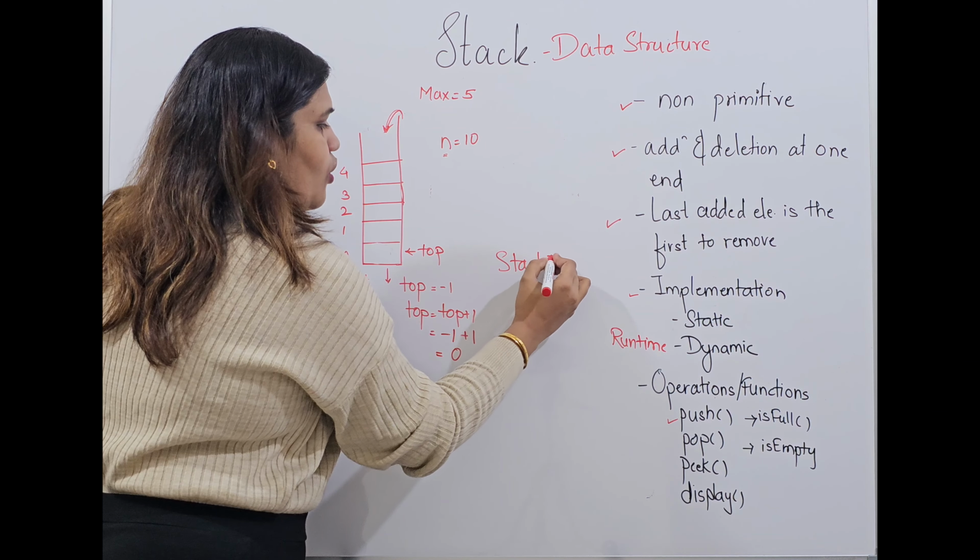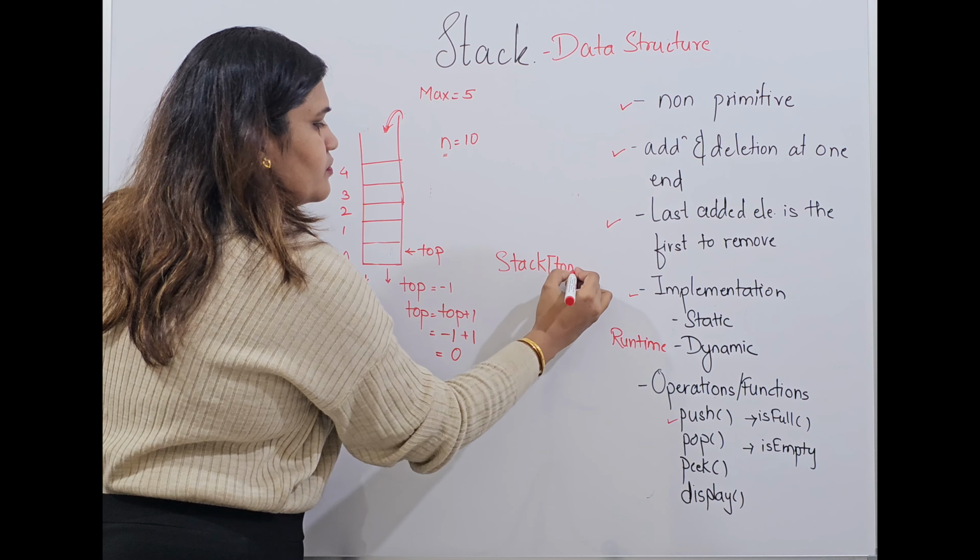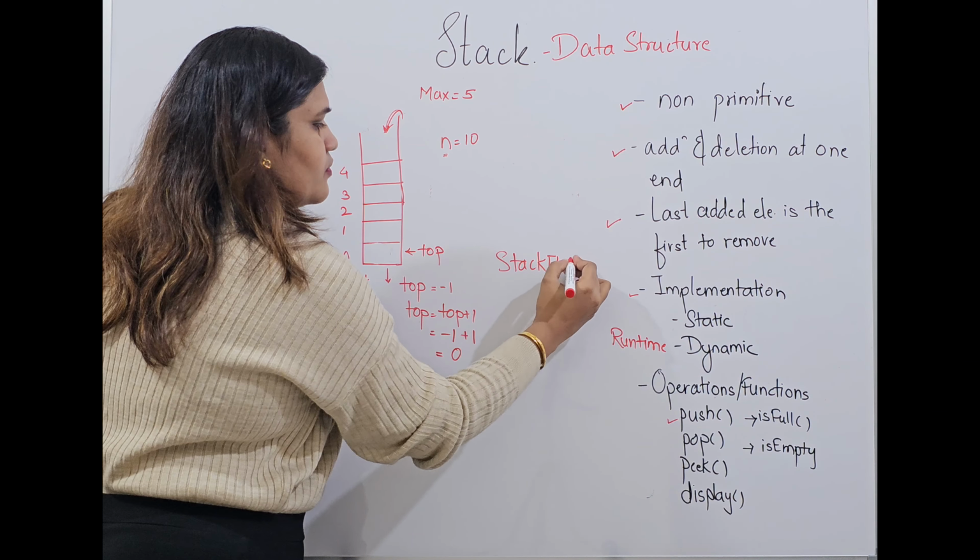Stack of top. Wherever my top is, I'm not going to say stack of 0, because I would not know where my top is pointing. So wherever my top is, I would say stack of top. Stack is the name of my stack. This name can be anything, you are naming the stack. So I say stack of top equal to n.